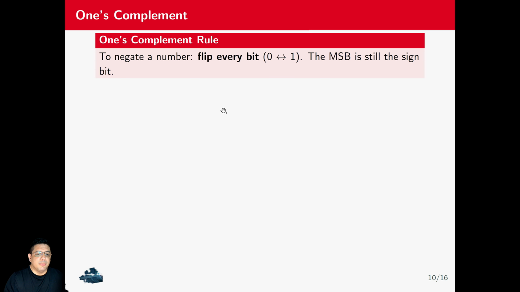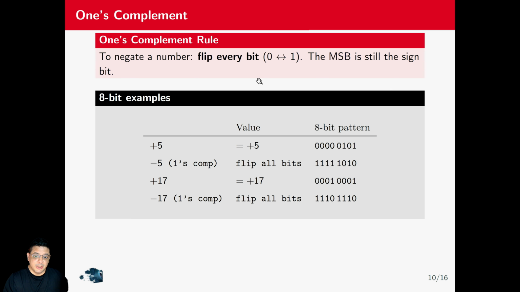So the one's complement rule is the initial step, and what we do to negate a number is flip every bit, we transform zeros into ones and ones into zeros, and the most significant bit is still going to be the sign bit. So for example here, we'll start with plus 5.